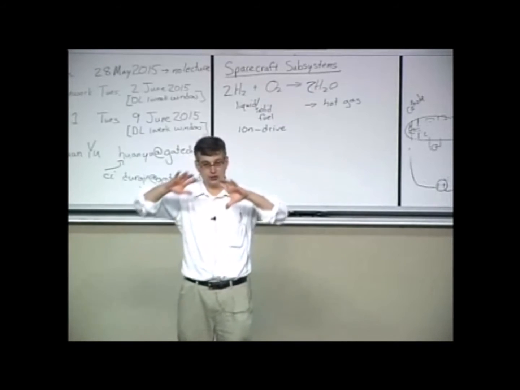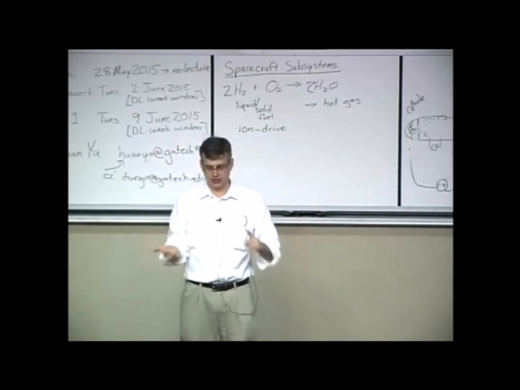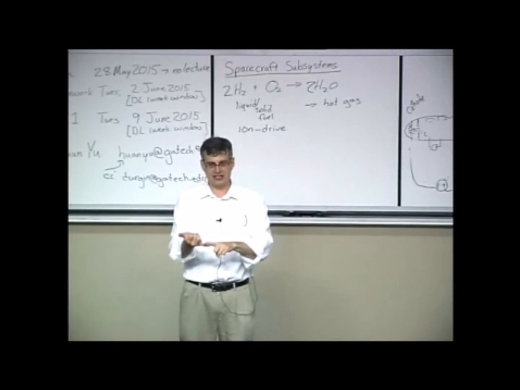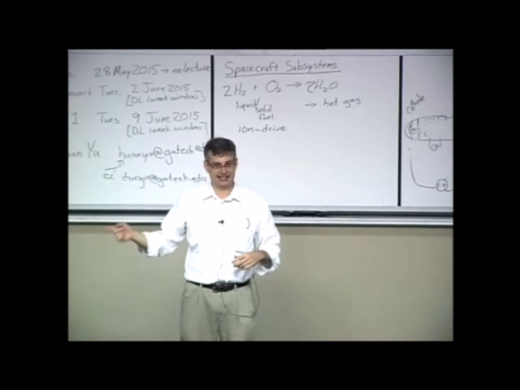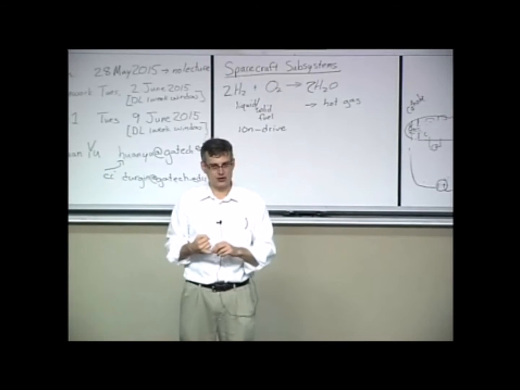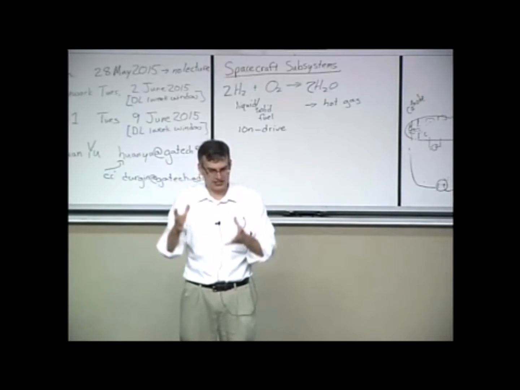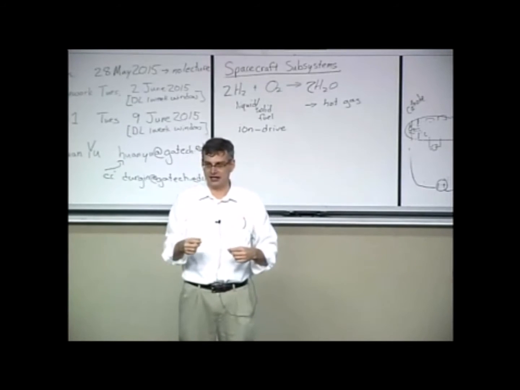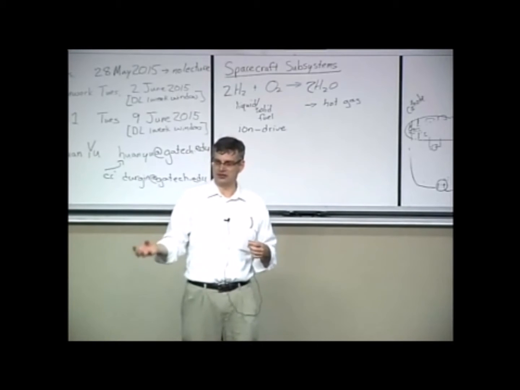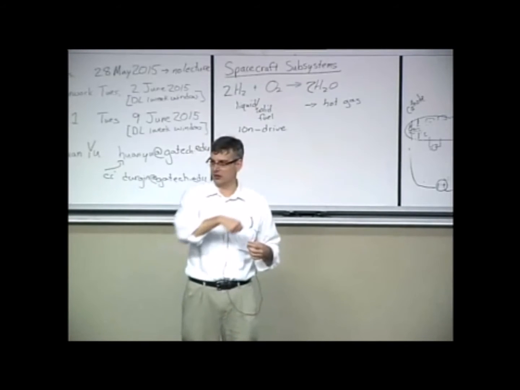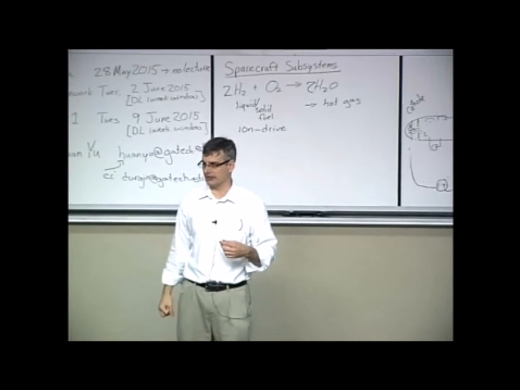However, when you look at the entire package, the size and weight of the drive, the size and weight of the propellant, even though it may take many days to get that spacecraft into geostationary Earth orbit, the ion drive tends to be cheaper in and of itself to launch into space than the stage of a conventional rocket that would take it all the way to its higher Earth orbit.